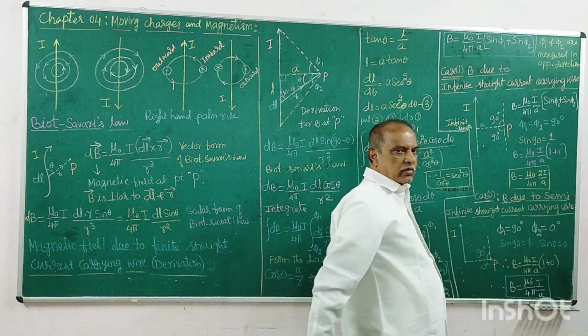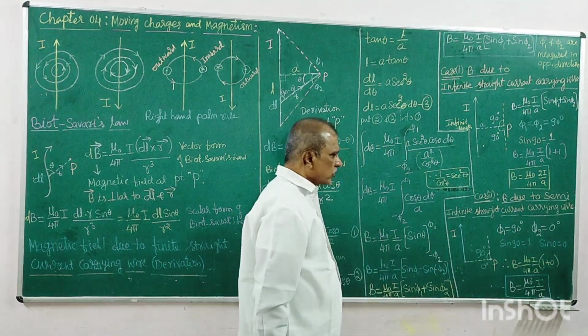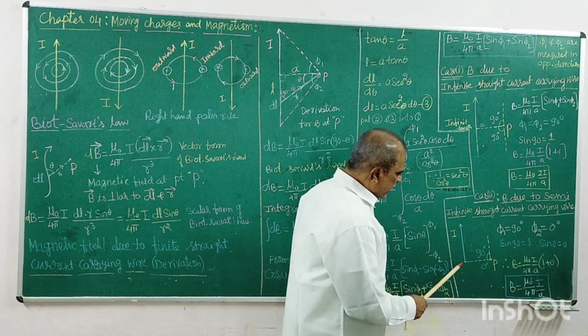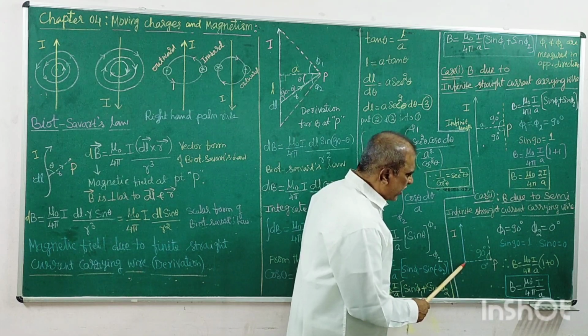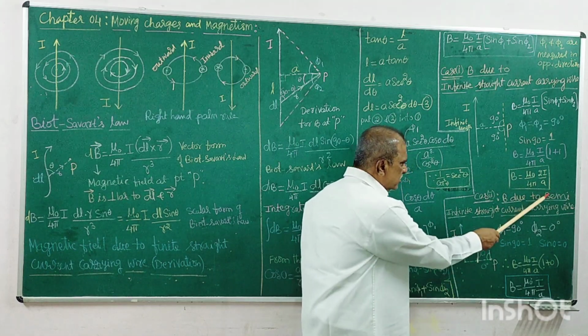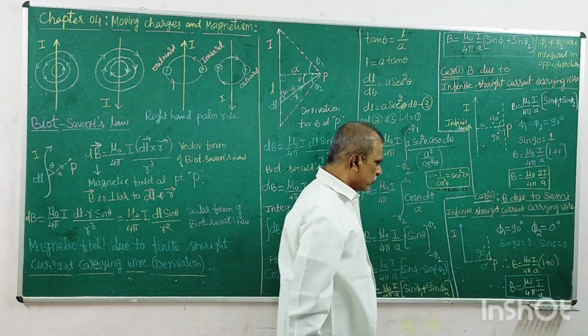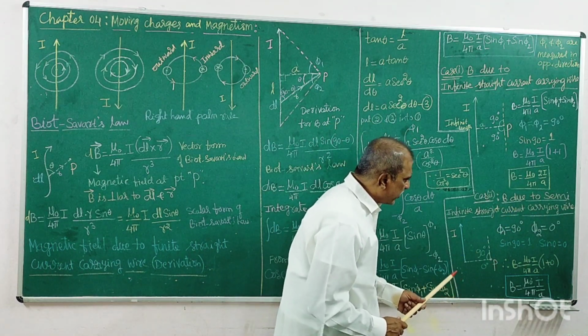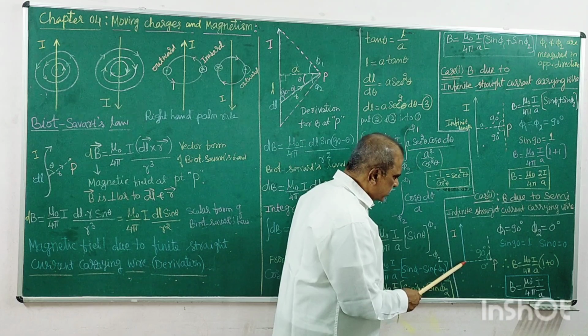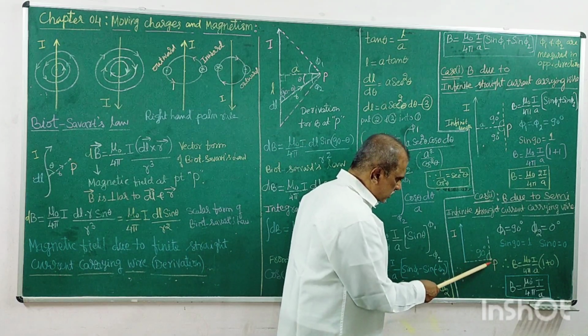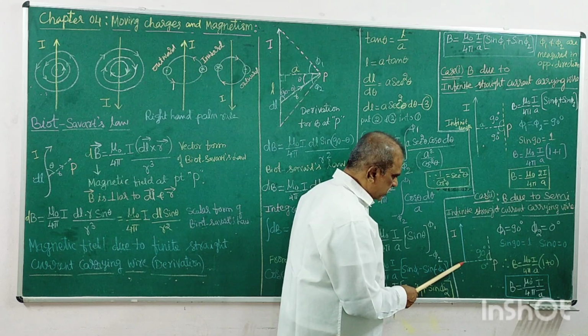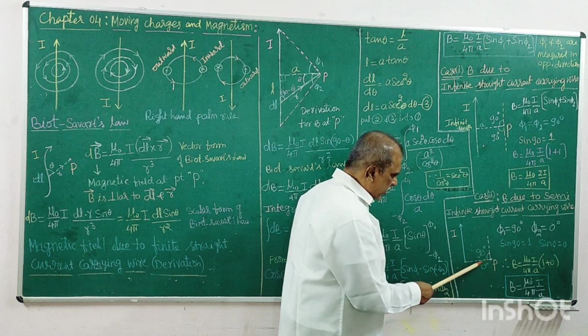That is the mathematical equation. And if the current carrying conductor is semi-infinite, that is a semi-infinite straight current carrying wire, what is meant by a semi-infinite wire? Here the point is the foot of the perpendicular, the perpendicular distance from the wire.